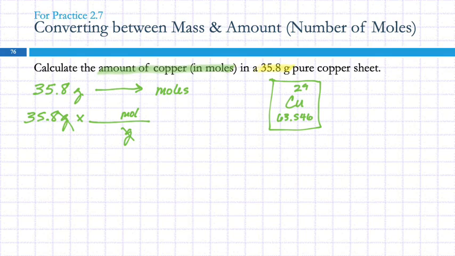However many steps I have, I'm going to get all my units in there, and then I'm going to stick the numbers in, because the units tell me where to put the numbers and I don't have to think about it. So from this information on the periodic table, I know that 63.546 grams of copper is equal to one mole. So one mole is 63.546 grams.